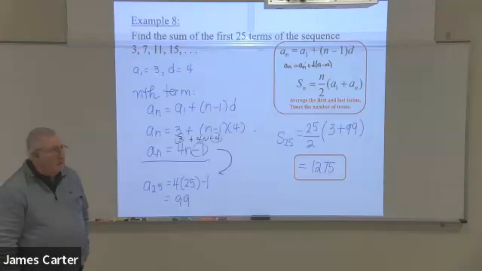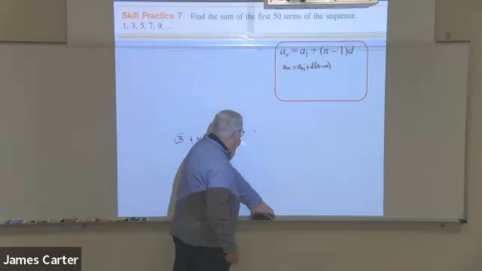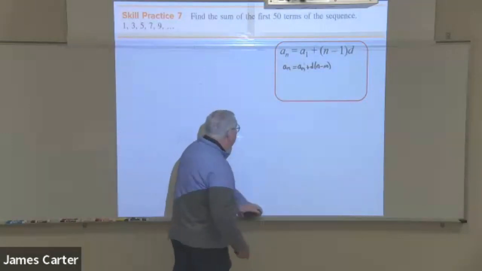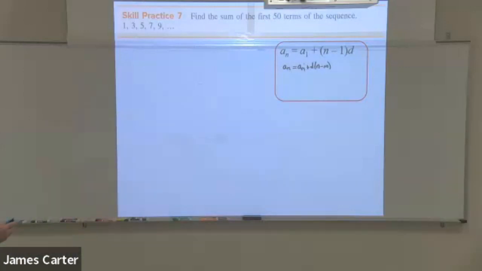Question on this one? On this one, we're not actually going to work this whole thing out, but you do need to know that the common difference is 2, a sub 1 is 1, and so on.